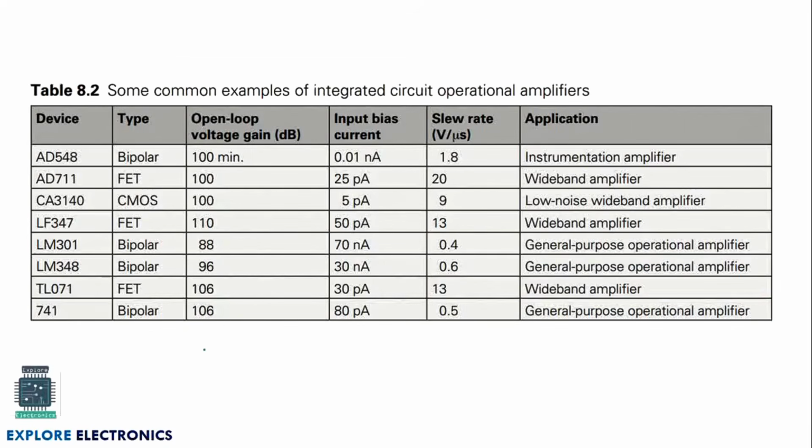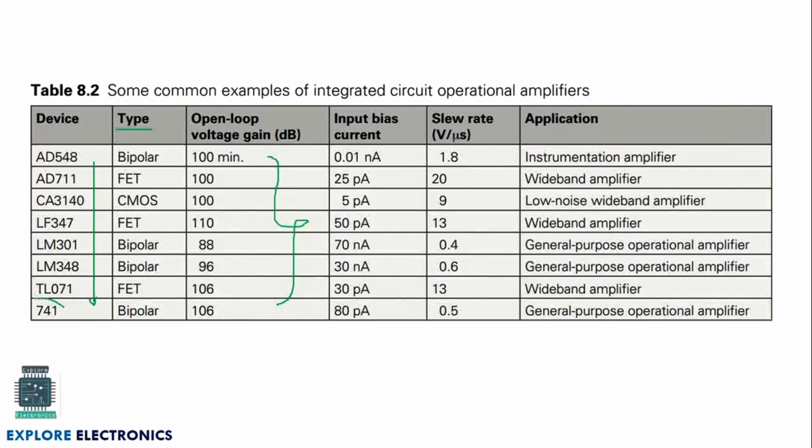And these are the different op amp ICs available. Here you can observe the type: bipolar type, FET type, CMOS type, FET, bipolar with different open loop voltage gains. You can observe the different voltage gains for these different ICs available for an op amp.